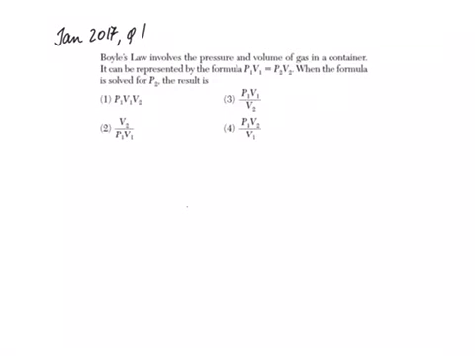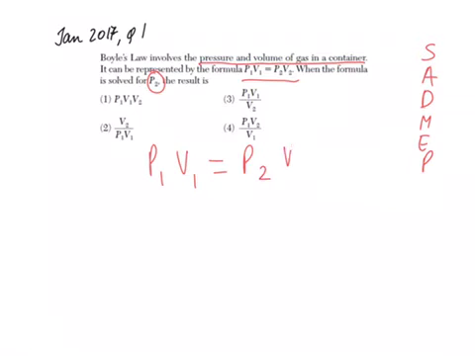Okay, so Boyle's law involves the pressure and volume of gas in a container. It can be represented by P1 V1 is equal to P2 V2. When the formula is solved for P2, the result is, we have 4 choices, so let's solve them. Let's use SADMAP. We have P1 V1 is equal to P2 V2.